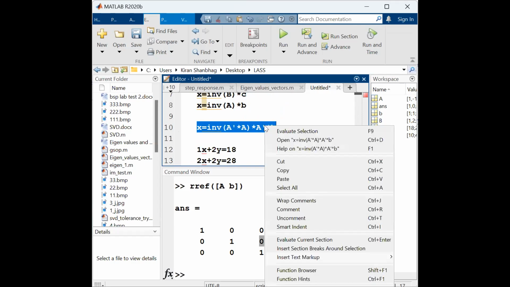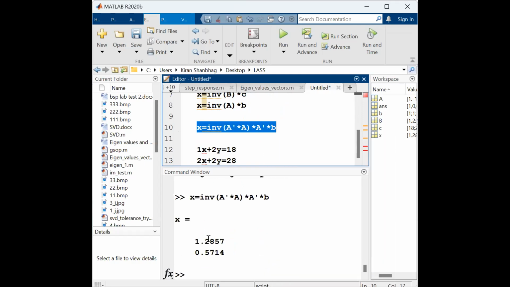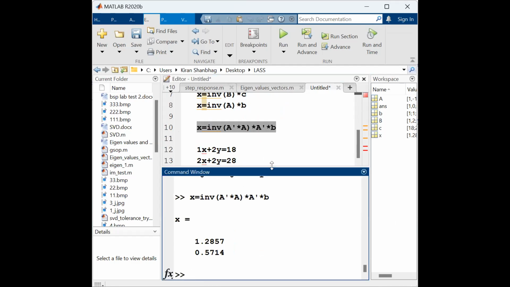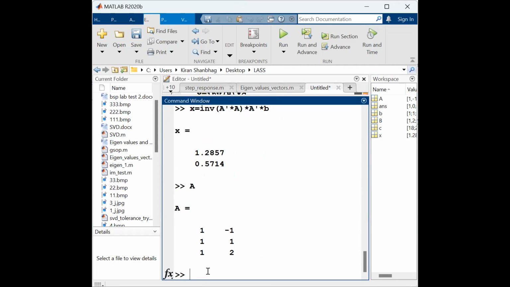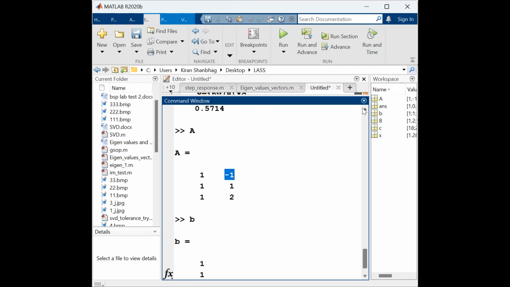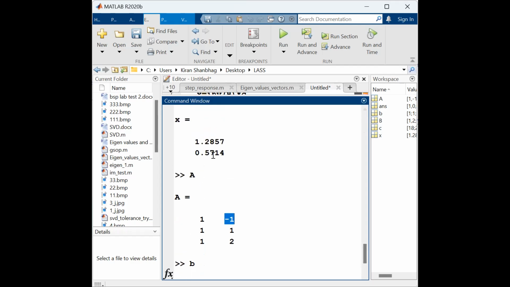I end up getting some value of x and some value of y. Shall we see how close is this? So this is A, and this is the B. Is it close, by the way? X1 minus x2 should be equal to 1. Is the difference equal to 1? 1.28 minus 0.57.